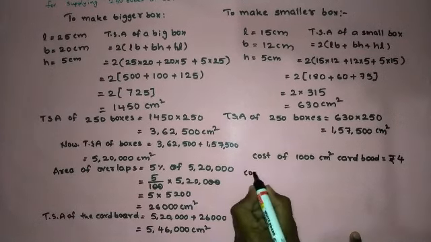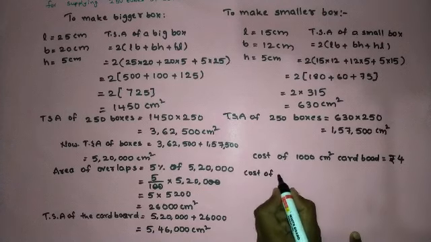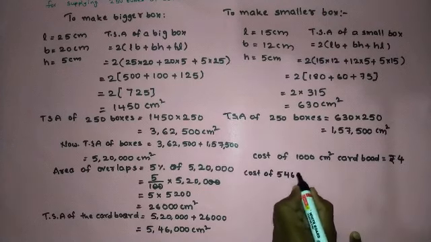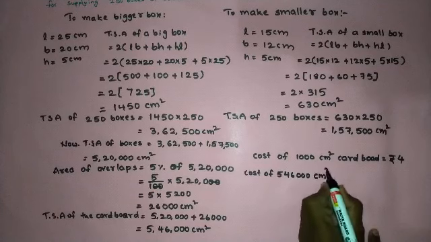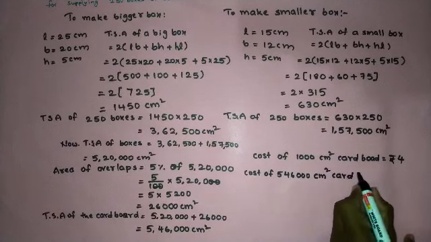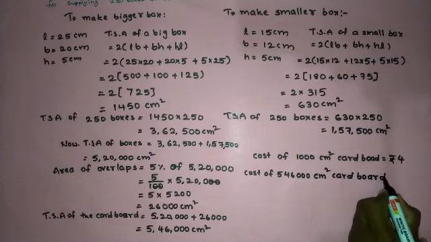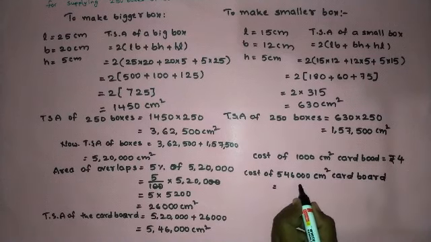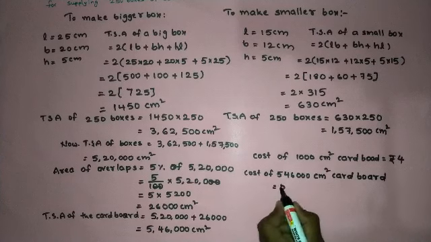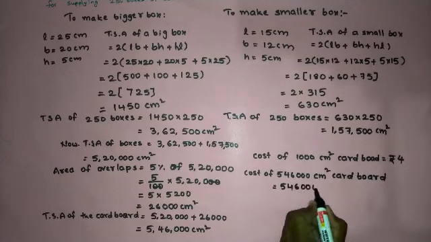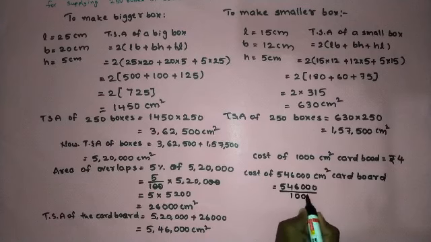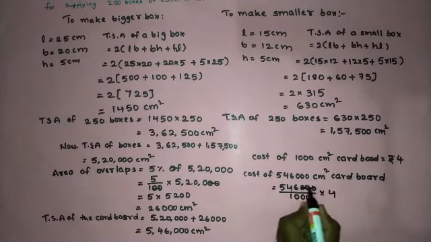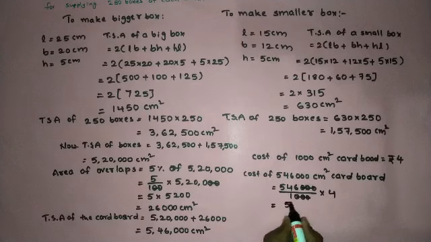So cost of 5,46,000 centimeter square cardboard equals 5,46,000 divided by 1,000 into 4, 3 zeros cut, 546 into 4 will get 2,184.